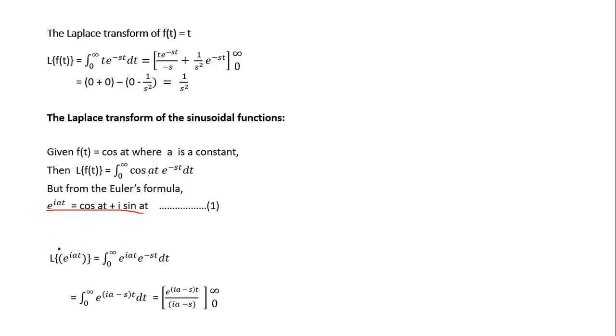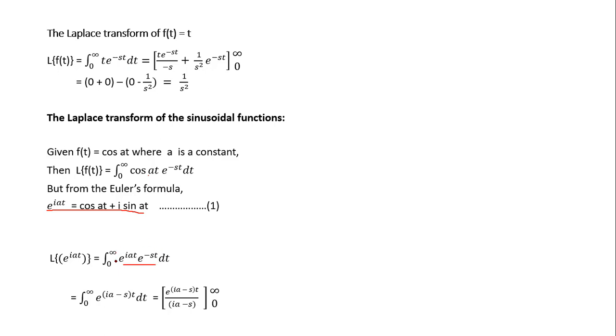So now if I have Laplace of exponential iat, it will give me the integral from 0 to infinity of exponential iat times exponential negative st dt. With that we can now move ahead to transform this.